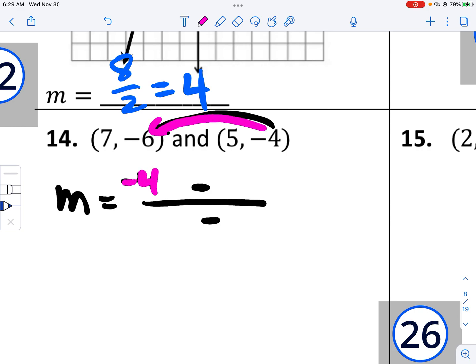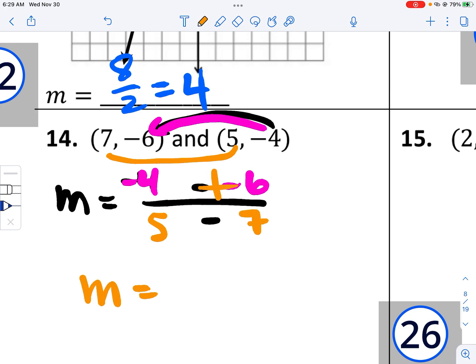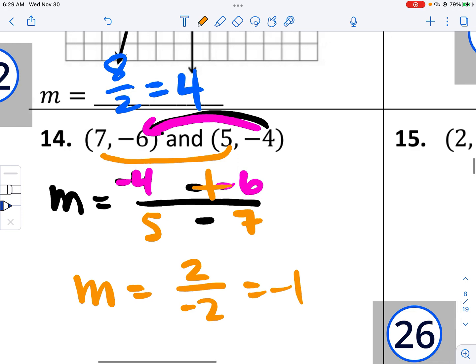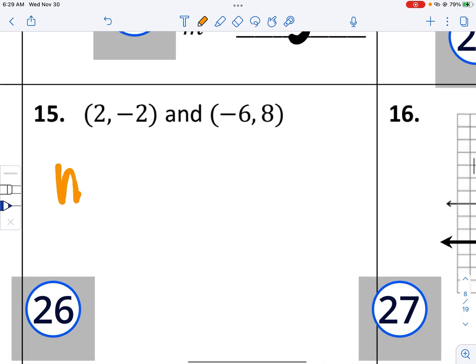Negative 4 minus 6 and 5 minus 7. That turns to a plus sign, so I would get 2 over negative 2, which gets me negative 1. Okay.